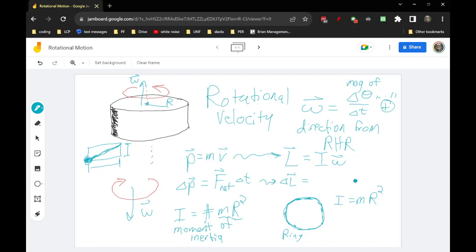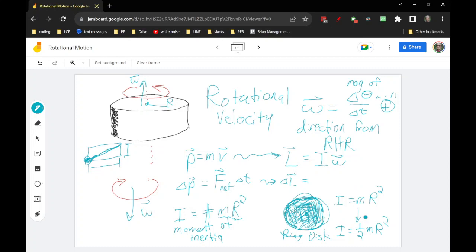On the other hand, if you go and fill that mass in, let's say you make it not a ring, but now a disk, then what you actually end up with is an I of 1/2 mr squared, because not all of the mass is on the outside. Some of the mass is on the very inside, and the rest of the mass is somewhere in the middle there.